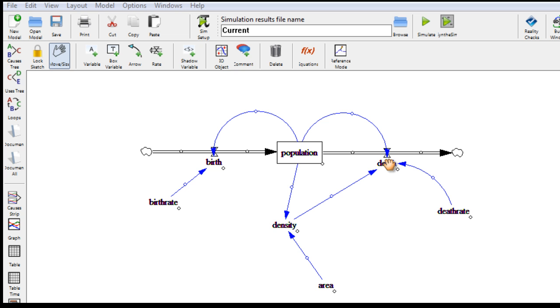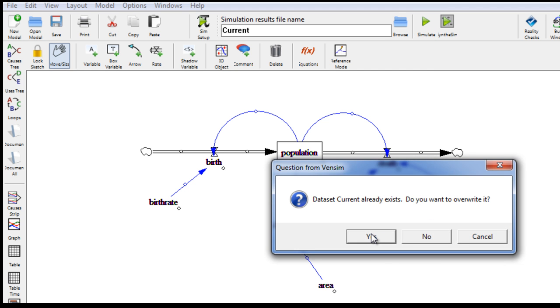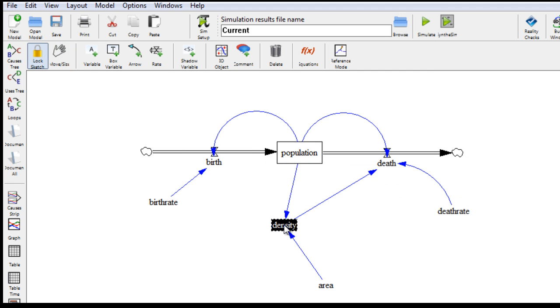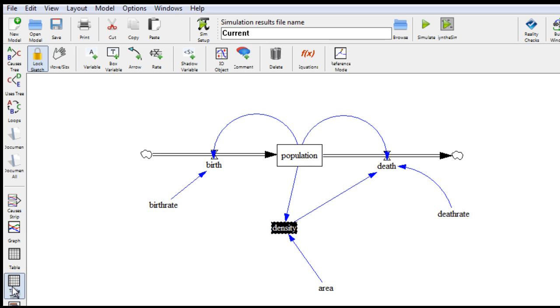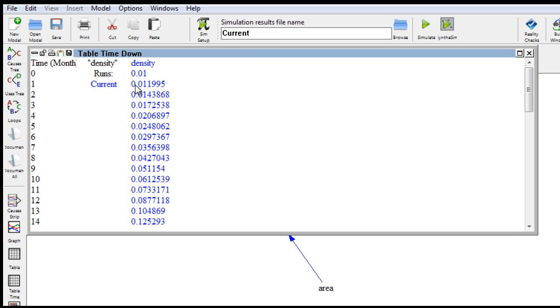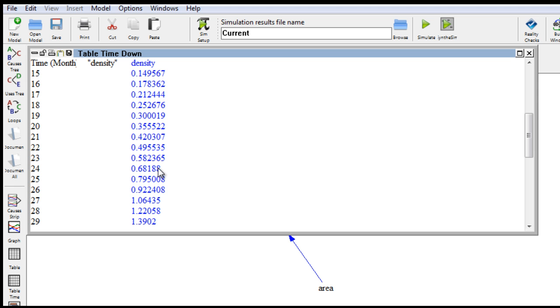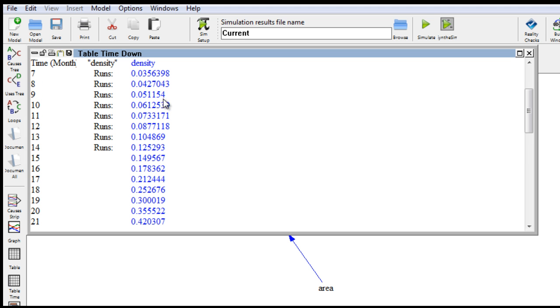For example, with this model, if we run this and see the density from this table, 0.1, 0.01, 0.02, all of these will influence the death of people. So it's illogical, because the density is too small and people can live happily in some place.